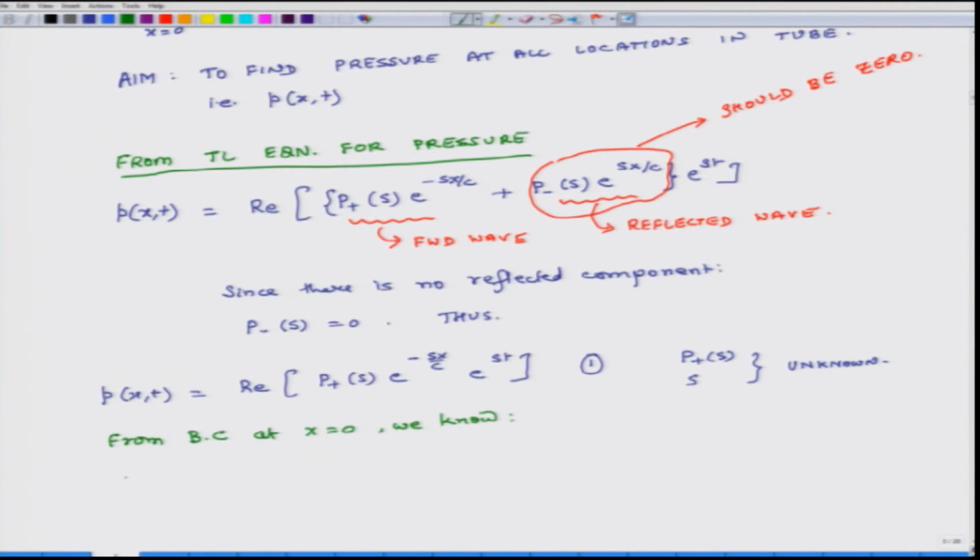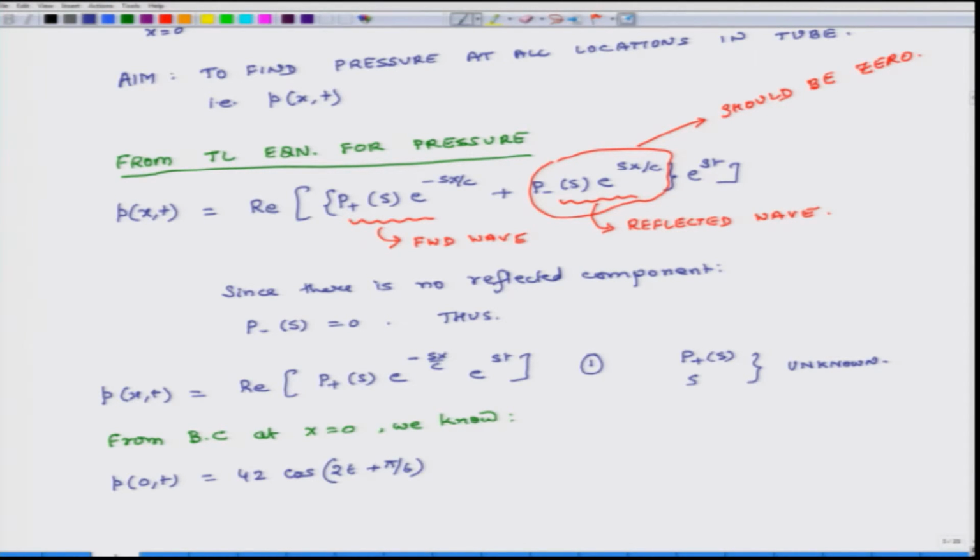That P at location 0 is equal to 42 cosine 2 t plus pi over 6.